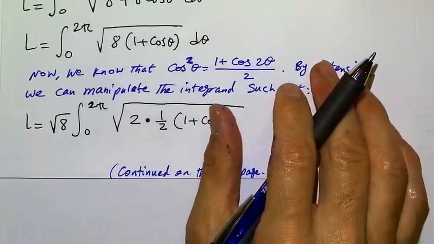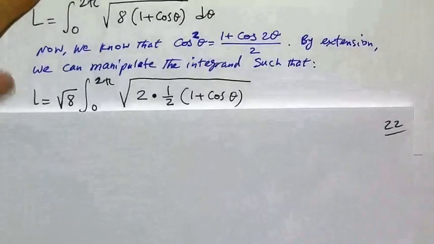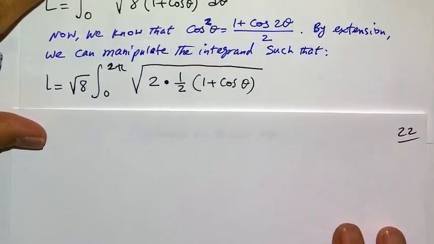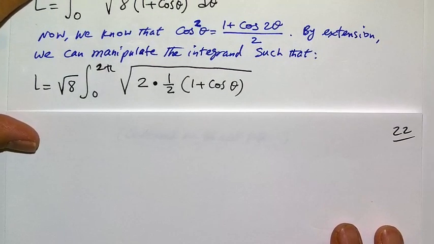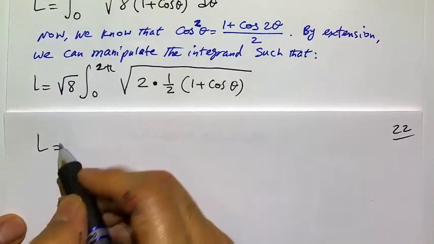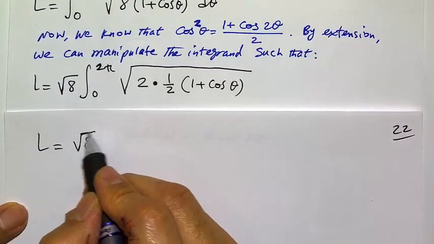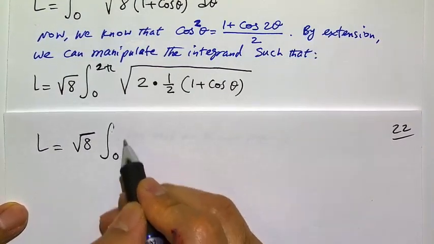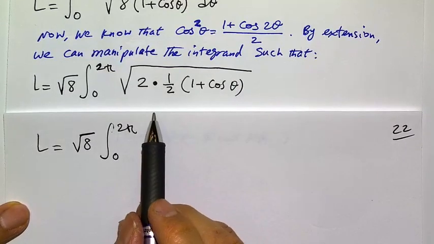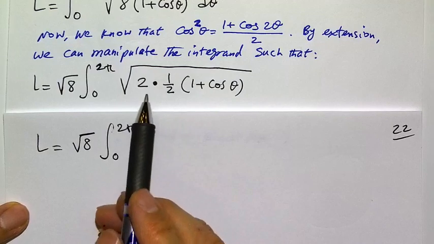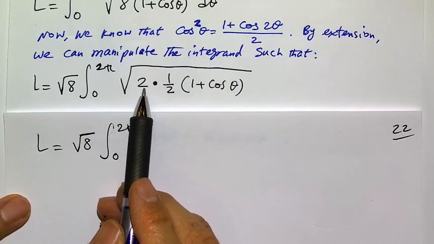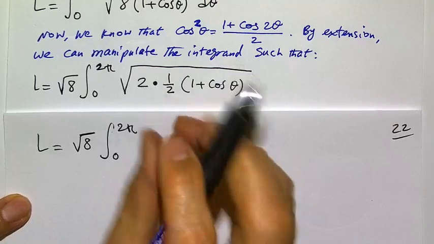Let me go to the next sheet here. So we're going to say square root of 8 times the integral from 0 to 2 pi. Then this square root of 2, so let me separate these.